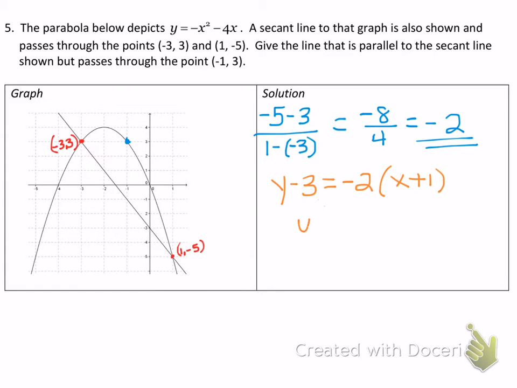And when I simplify, I'm left with negative 2x as my slope plus 1. So that would be right here. Which gives me a line sort of looking parallel to the secant line that was given.